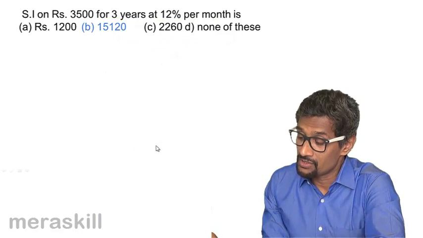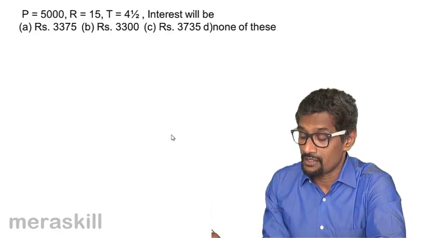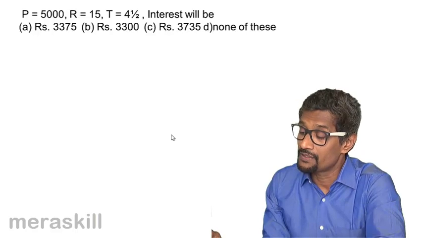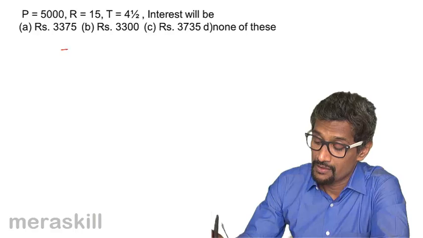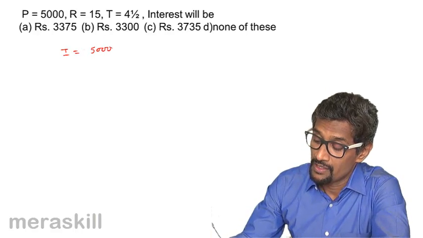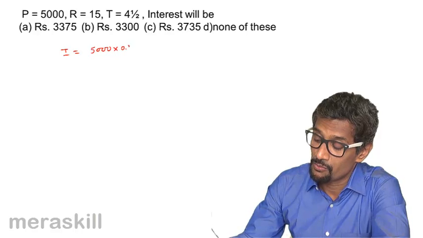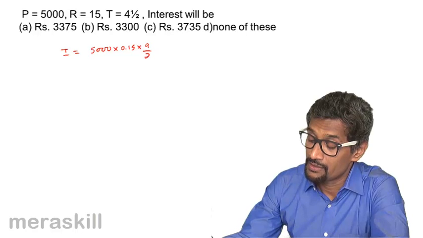So that is 15,120. Furthermore, you have P is 5,000, R is 15, T is 4.5. Interest would be what? So interest is going to be PIT, which is going to be 5,000 into 15 by 100, which is 0.15, into 4.5, that is 9 by 2.